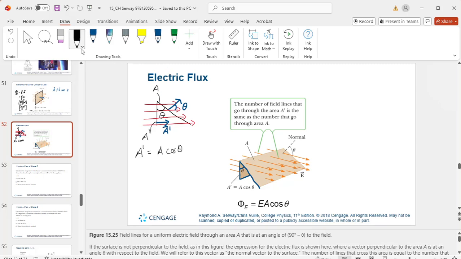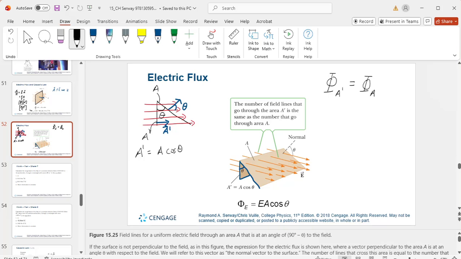So what this means is that if the flux through A prime is equal to the flux through A, both areas are capturing the same number of field lines, in other words.